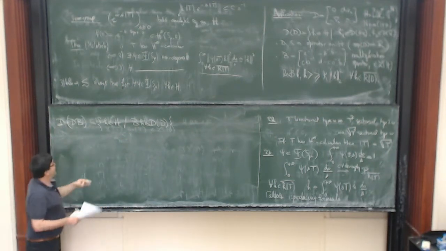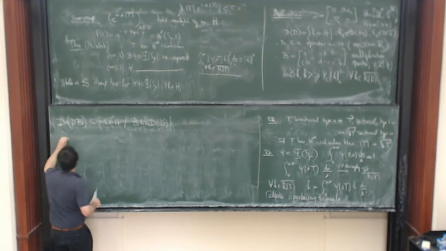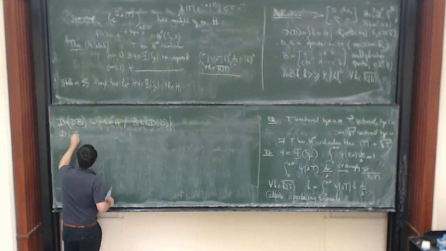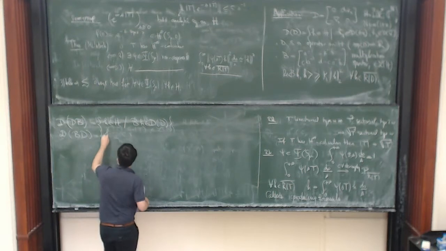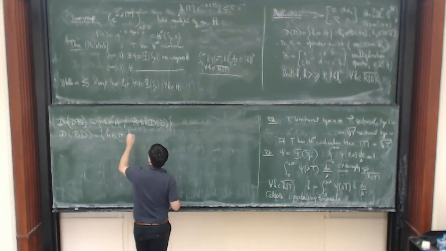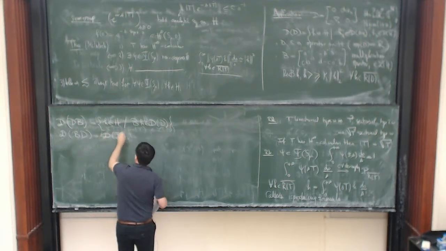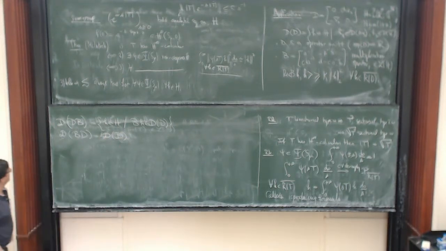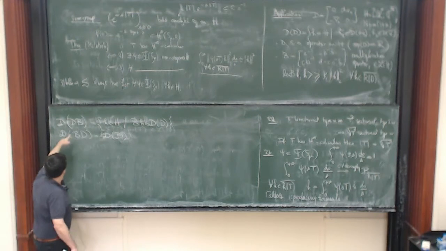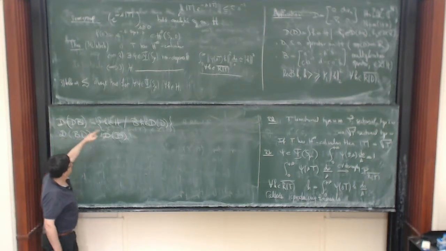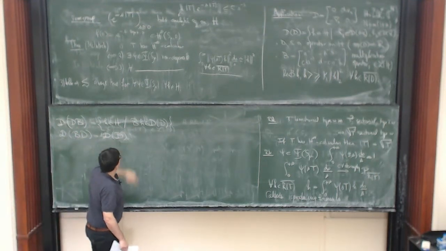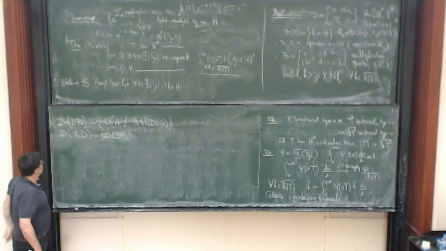When you type in TeX you can make the difference, but on the board it's more difficult. So you have two operators. I give a domain, and of course I assume that dB applied to h is D applied to B of h, and then for Bd, this is just the composite.